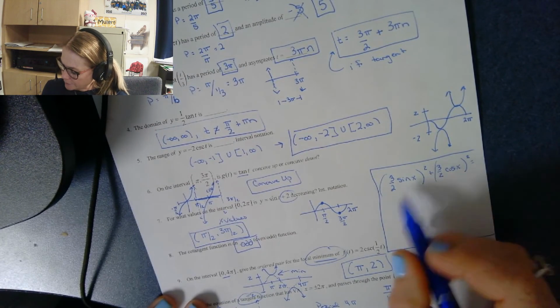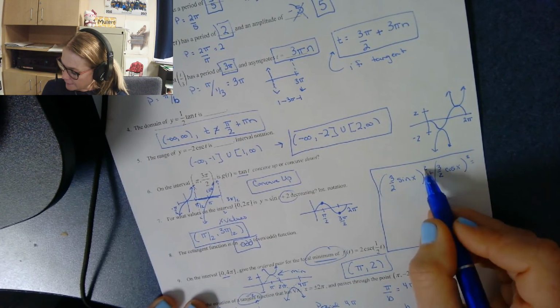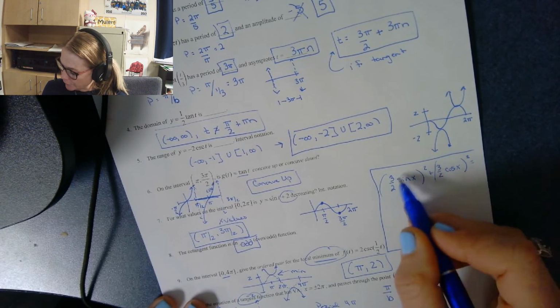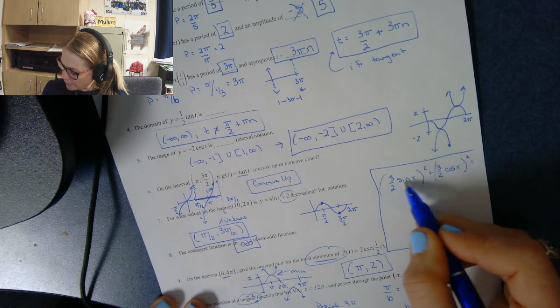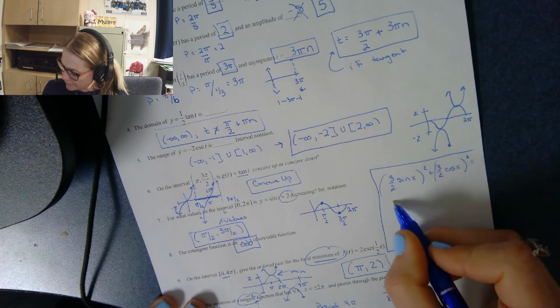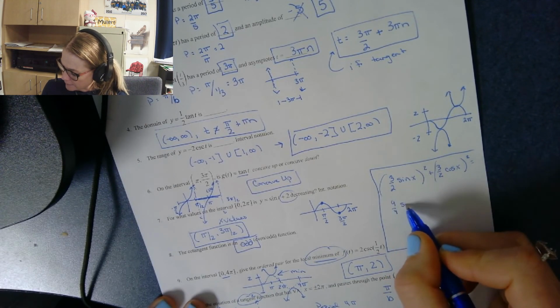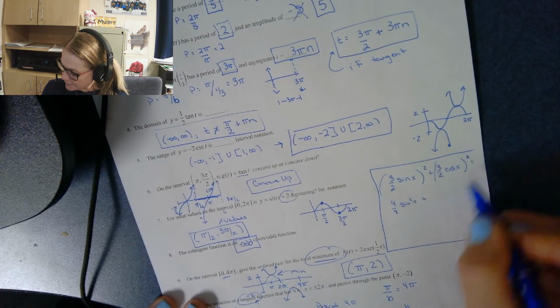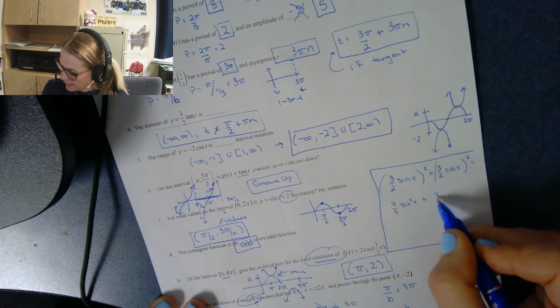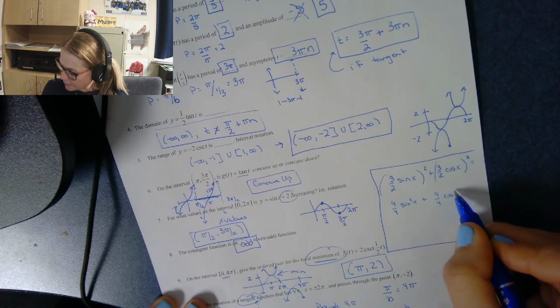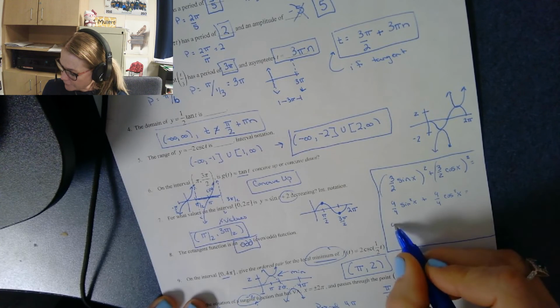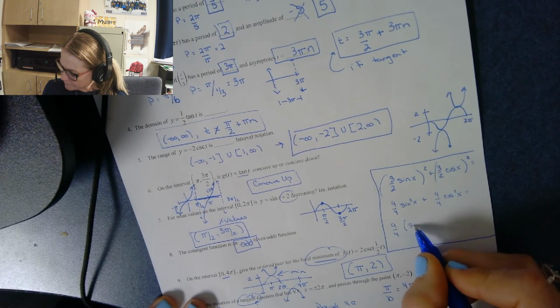And so what you want to do is, basically, this is a monomial, so the square can go to both of these, so 9/4 sine squared of x plus 9/4 cosine squared of x. Factor out that 9/4.